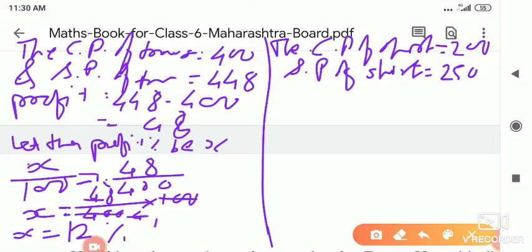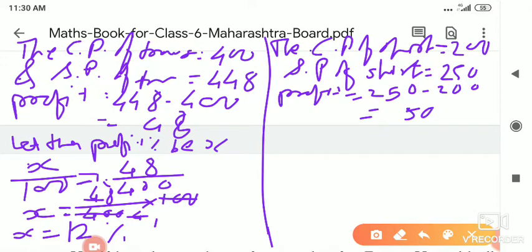Here CP is smaller than SP, therefore there is a profit. So profit is equal to 250 minus 200 equals 50 rupees.